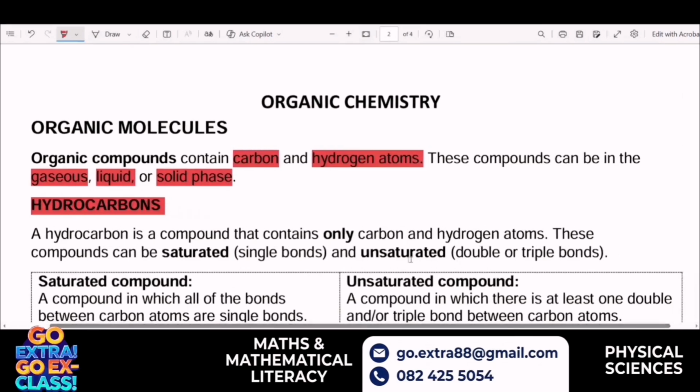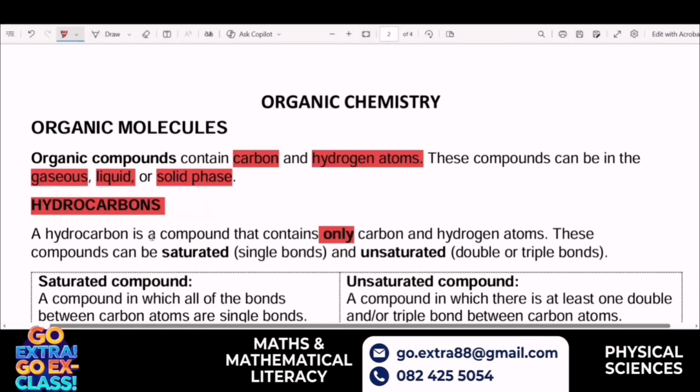Now we want to start with the first group of organic compounds, which is called hydrocarbons. What are hydrocarbons? We can define hydrocarbons as compounds that contain only carbon and hydrogen. This word "only" is key.